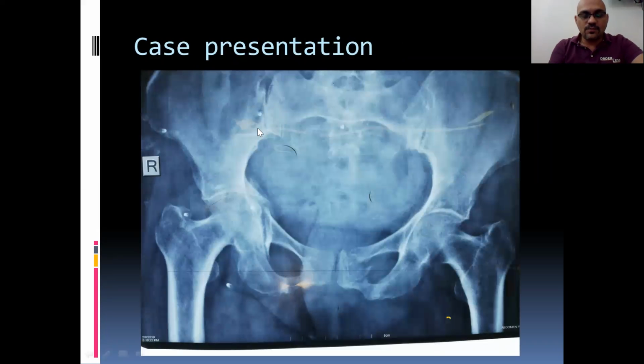This is a 65-year-old female who presented with acute injury of her right hip due to an MVA. Apart from this, it is an isolated injury at the hip.